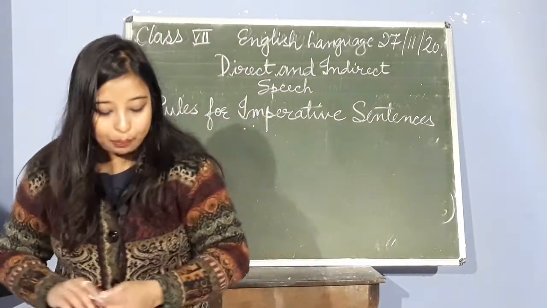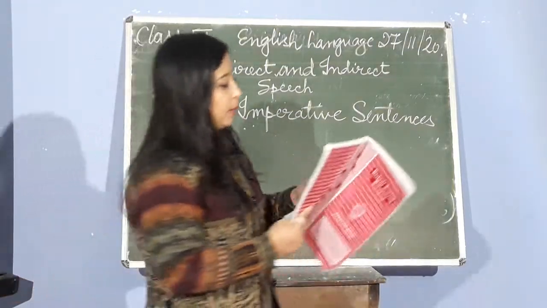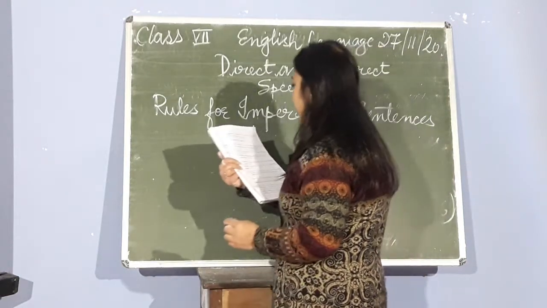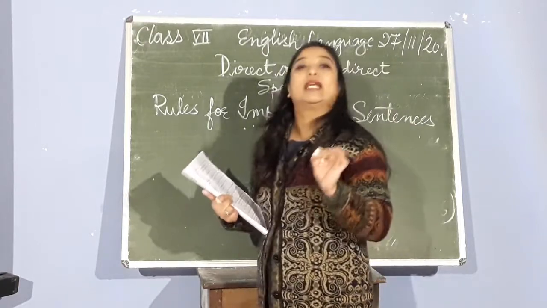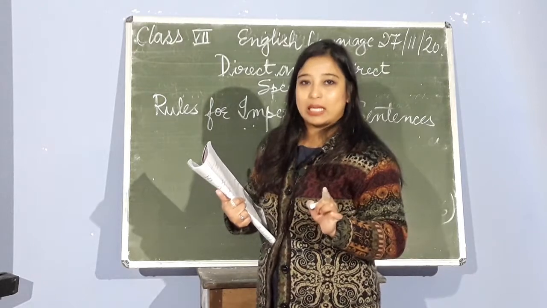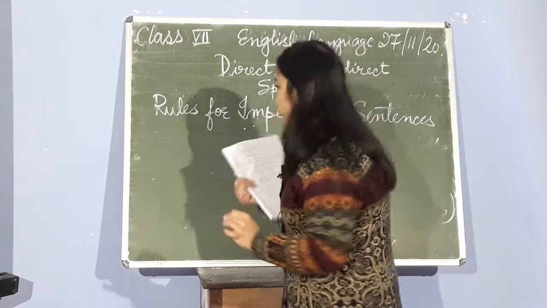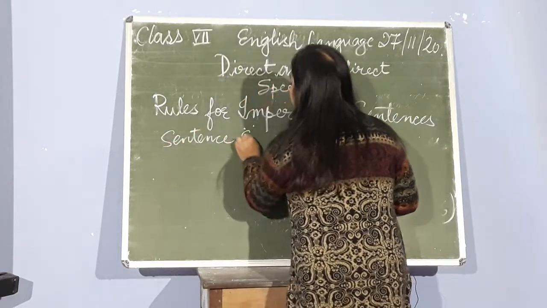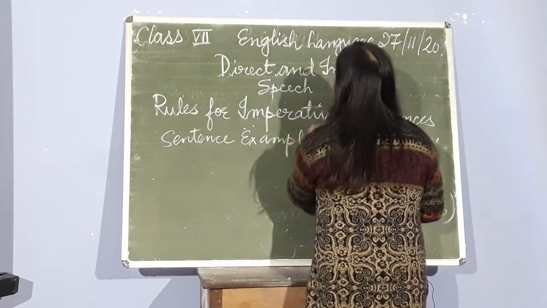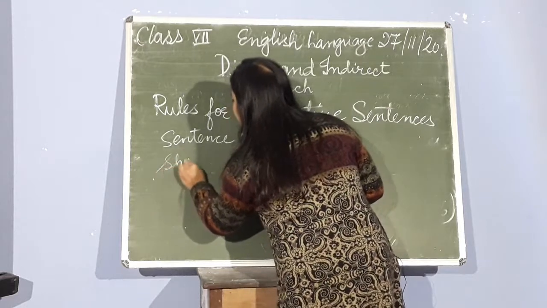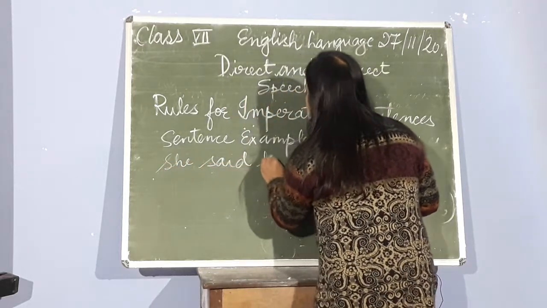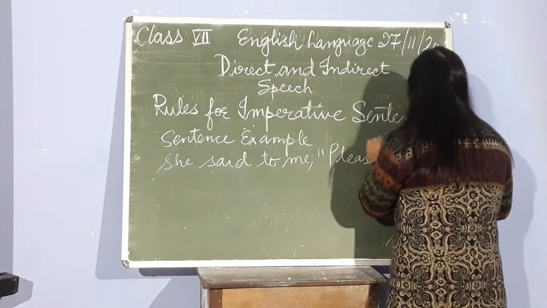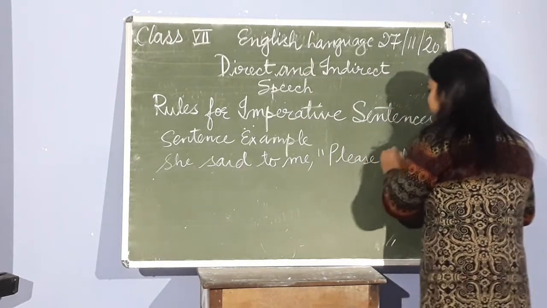Now see the sentence examples, how you are supposed to change the imperative sentences in the direct speech. If you have to change it into indirect, you'll have to use specific words like requested, advised, suggested, etc. Sentence example: she said to me, "Please help me."